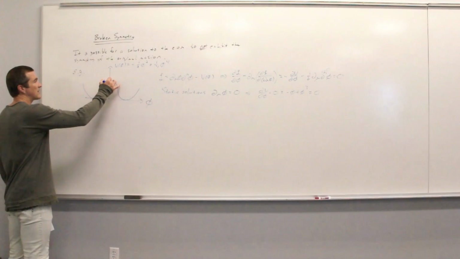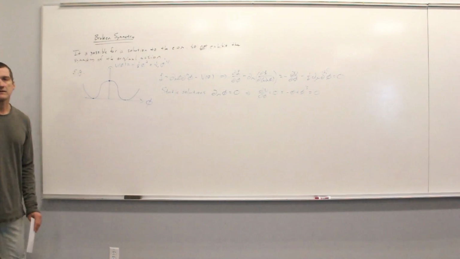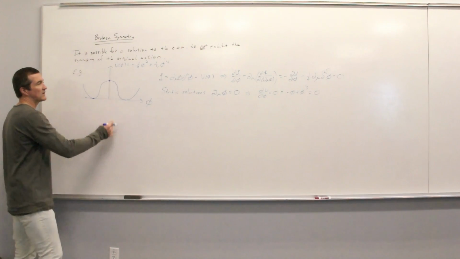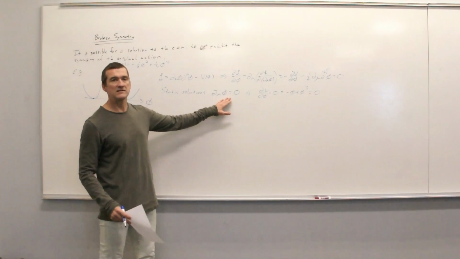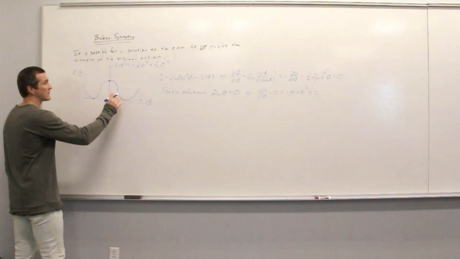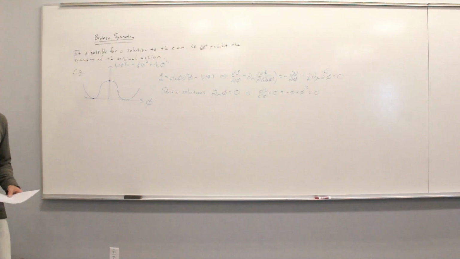If you start here and you have no initial motion, you'll sit there happily, and if you start here, you'll just sit there, okay? If you start anywhere else, the evolution of the field is definitely not 0, okay? So this is hopefully just a reminder of extrema as being reflections of the vanishing first derivative.